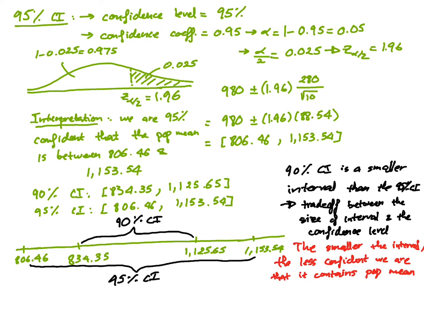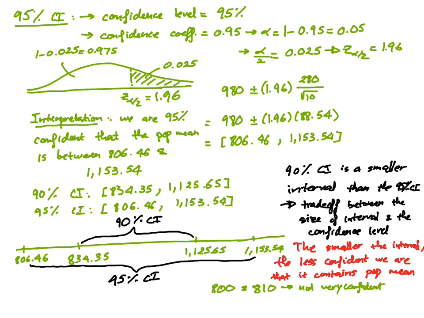Now this makes sense intuitively. For example, we could say that the mean monthly rent is between $800 and $810. How confident are we? The answer is we're not very confident, because it's such a small interval.